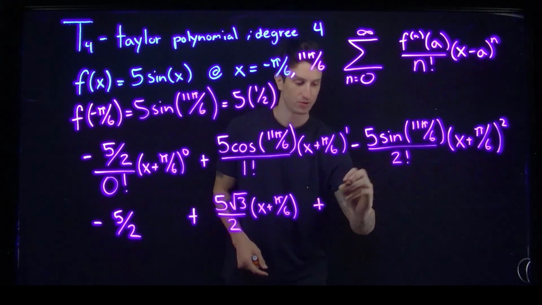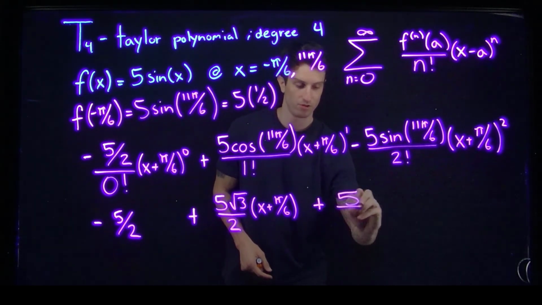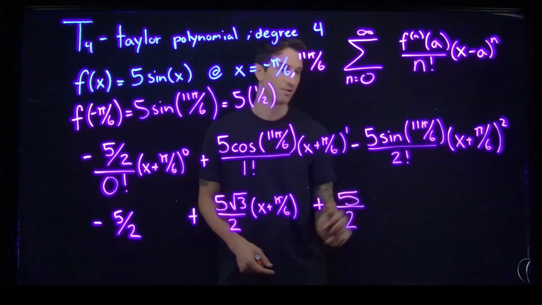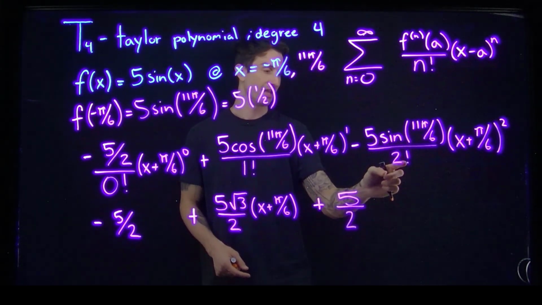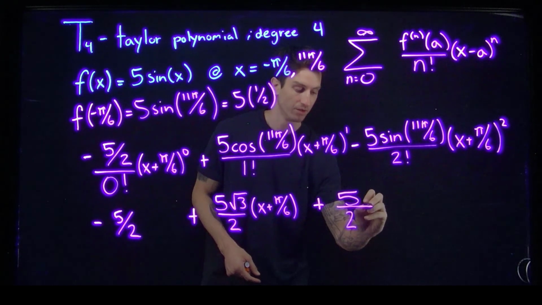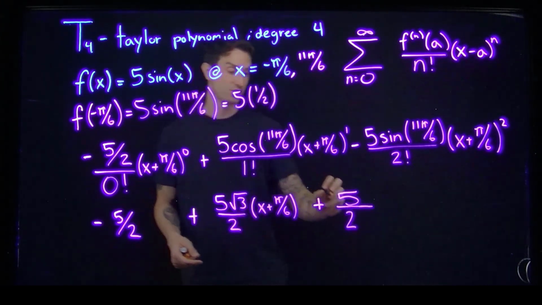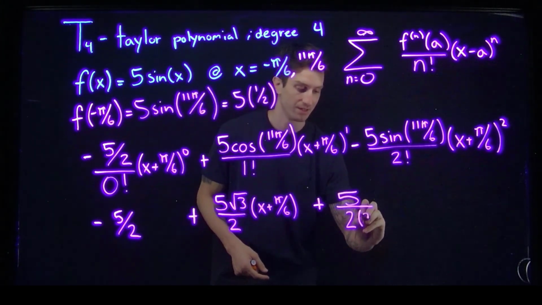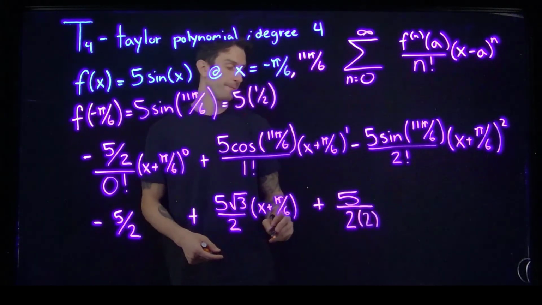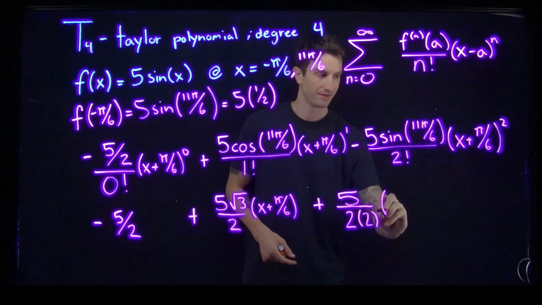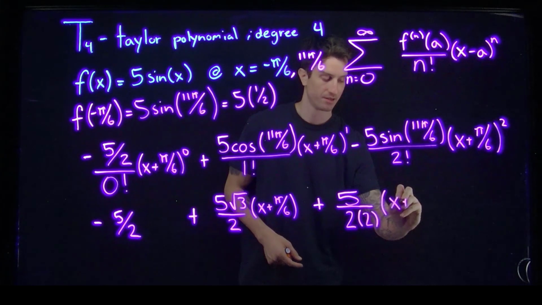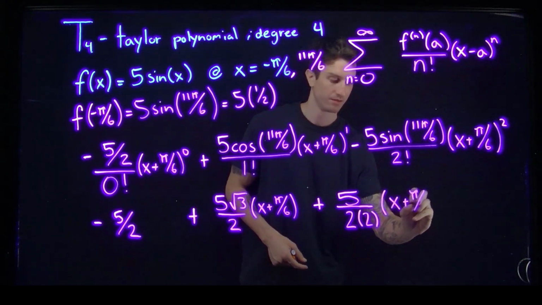So we have 5 over 2, it's a weird 5, coming from this piece here. And then another 2 factorial. 2 factorial is just 2, 2 times 1. So you guys can simplify that. And then, of course, x plus pi over 6 squared.